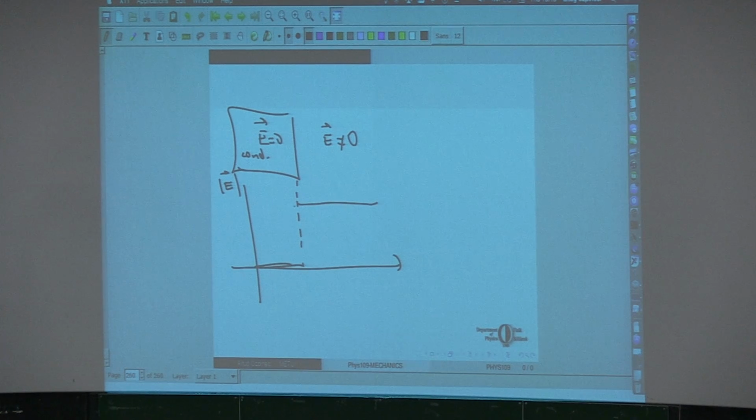In reality, if you enlarge this region, what you would get is mainly a constant electric field, and at a very short distance, it smoothly goes to 0. The mathematical surface you obtain when you set this width to be 0, but it's not 0.